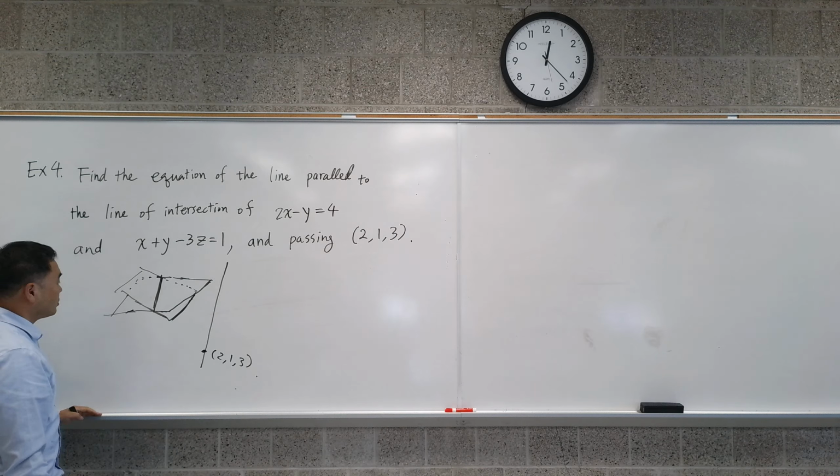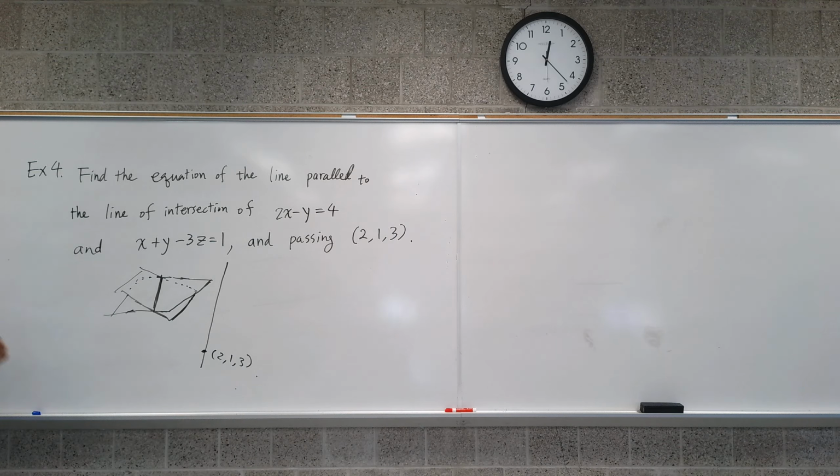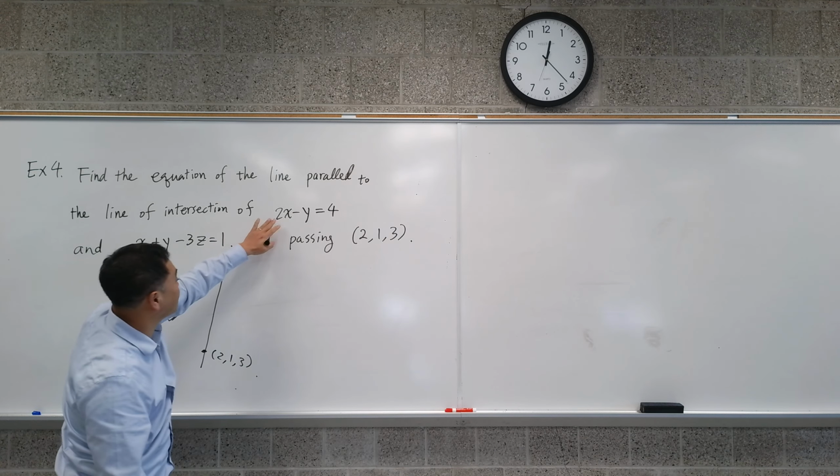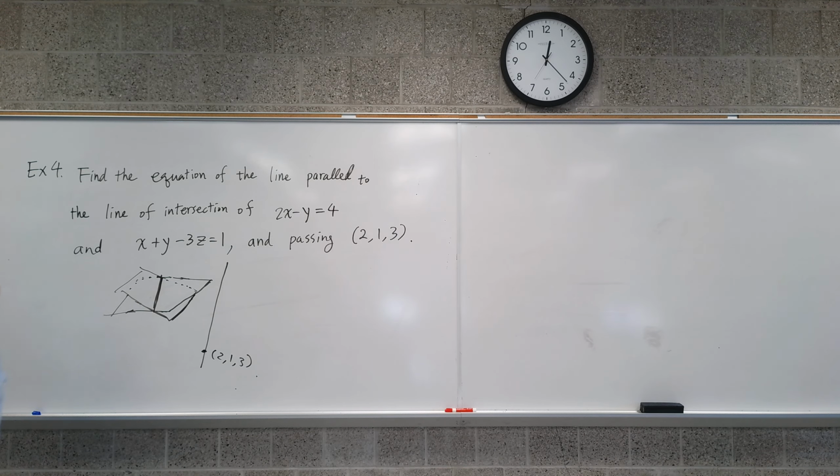So one way to do this is to actually find the intersection of both, okay? And then from there, you can read off the direction of the line and try that. And I don't think that will be that easy.